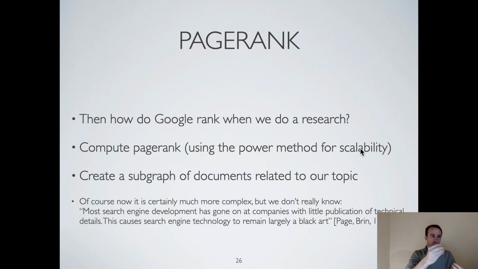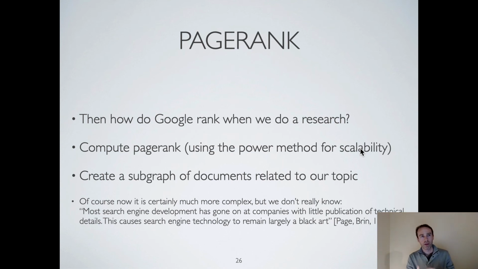So each web page has now one value of PageRank centrality, and they give you as first result the highest value of PageRank, and second in the list is the page with the second highest value of PageRank, and so on and so forth.